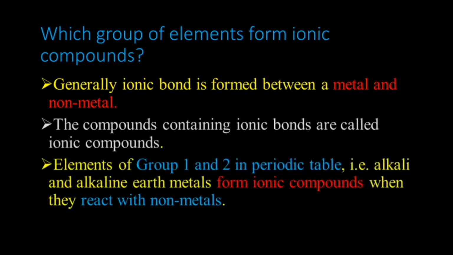And elements of group 1 and 2 in the periodic table, already you know what group 1 and 2 are, the alkali and alkaline earth metals, react with non-metals and form ionic compounds. It's an important 1 mark question, underline all those things. Group 1 is alkali and group 2 is alkaline earth metal, already you know.